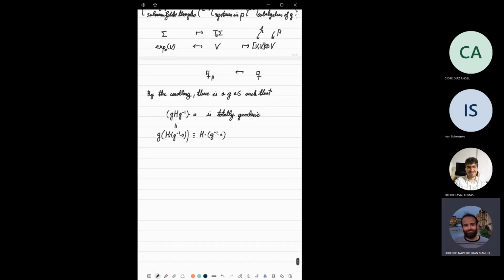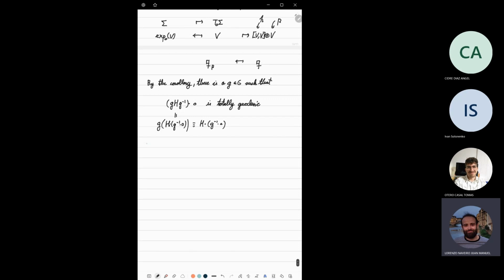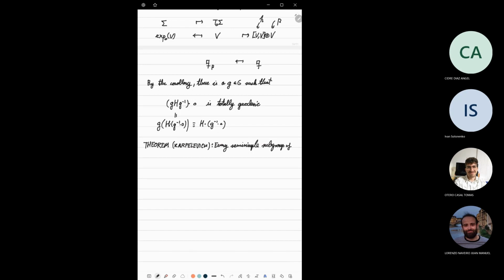Okay. So this gives that there is a point such that the orbit of H is totally geodesic. And this is the geometric version. So, theorem: it states that every semisimple subgroup of G has a totally geodesic orbit.